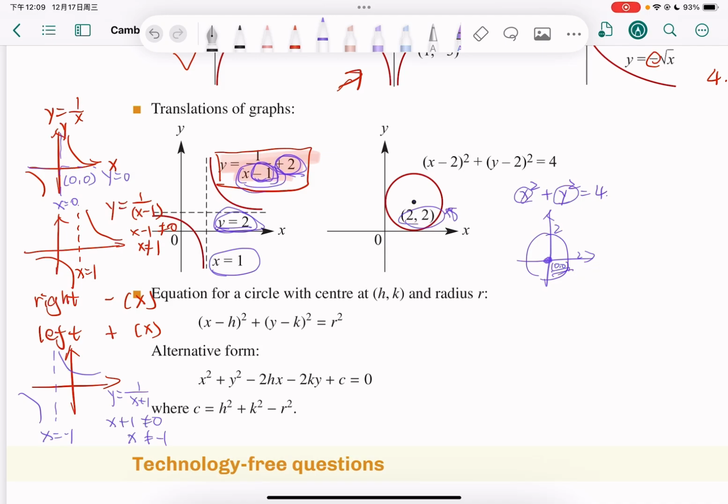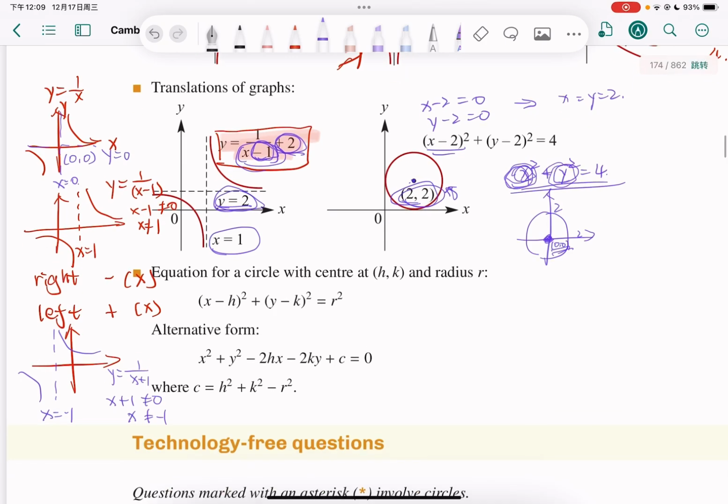So although this center is not on the function, if the thing under the square of x and the thing under the square of y is 0, for example, if we take x minus 2 is equal to 0 and y minus 2 is equal to 0, then we get the center point, which is x equal to 2, y equal to 2. And it's exactly the center. Okay?